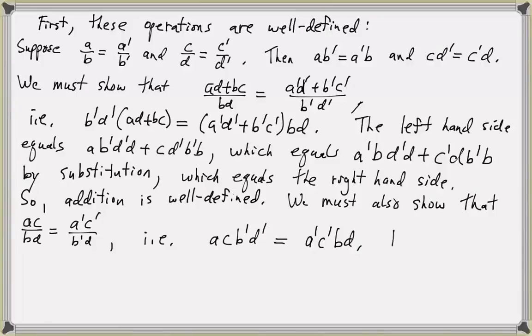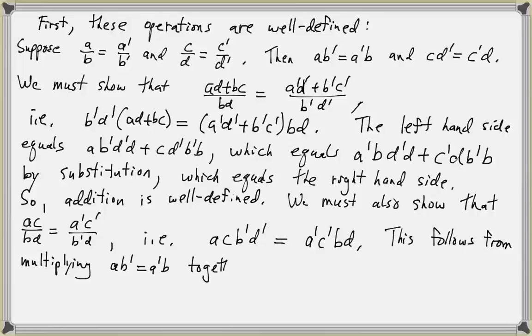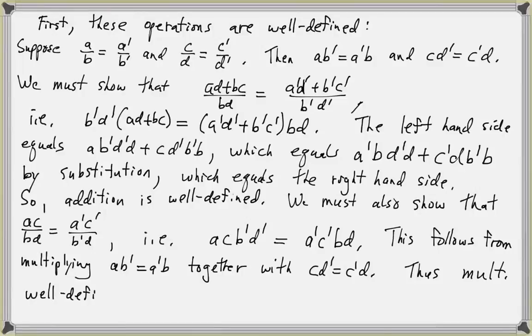But this equation follows from multiplying AB prime equals A prime B together with CD prime equals C prime D. So thus multiplication is well defined as well. So the operations we've defined on Q are well defined.